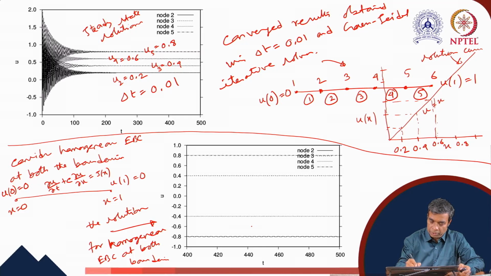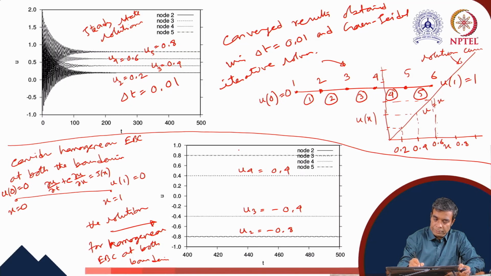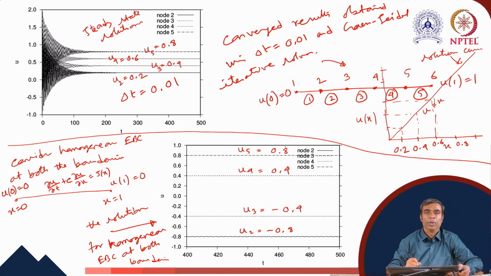So here we got u2 equals minus 0.8, u3 equals minus 0.4, u4 equals 0.4 and u5 equals 0.8. So we get some solutions in the negative direction and some solutions in the positive direction. So one wavy distribution of the steady state solution we get for the homogeneous boundary condition.